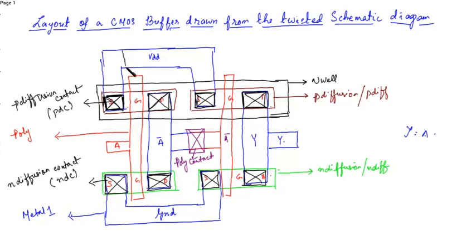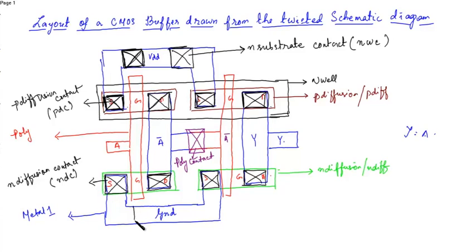Just in the metal layer you have to place this N substrate contact. Similarly over here. So this is an N substrate contact or the N-well contact or NWC.